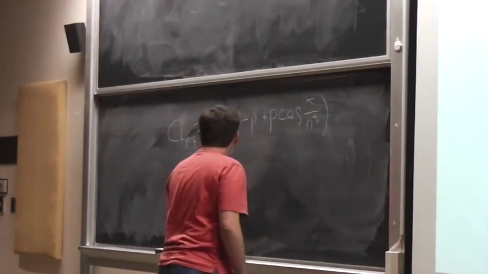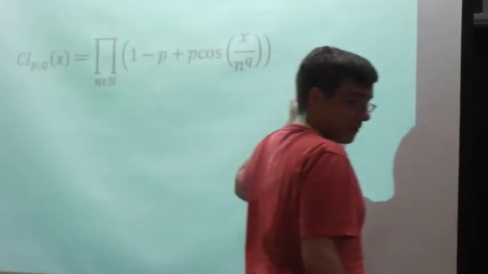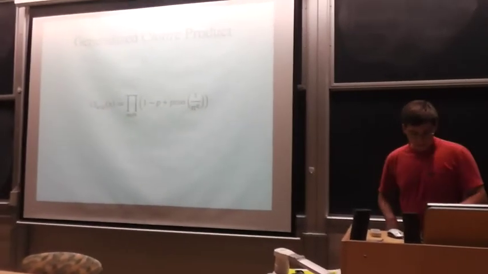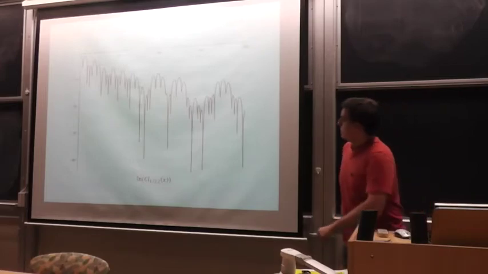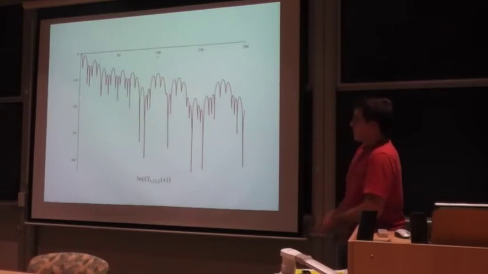In our case, the original PCL function, we had p to be 1/3 and q to be 2. Here is a graph of a different generalized Cloitre function, where instead we take p to be 1/2 and keep q as 2.